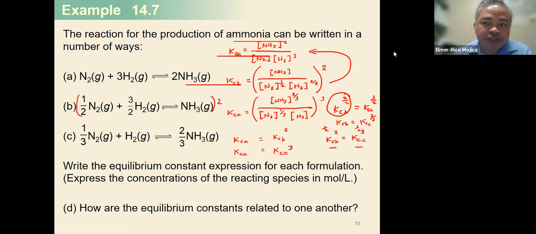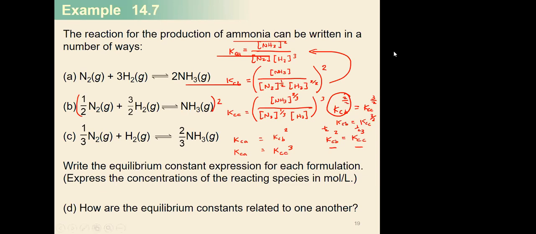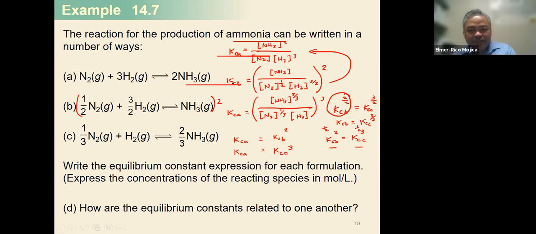Can everyone also participate? Because I don't want this class to be hijacked by one student. You have the same right as that student. So please. Everyone gets this one. Why I end up with KCB 2/2 equals KCC 3/2.